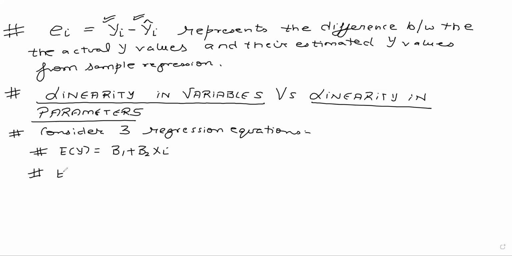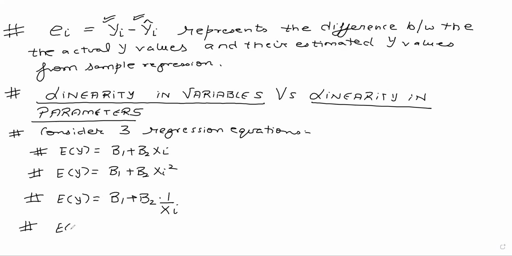Second equation, expected value of y is equal to b1 plus b2 times xi square. Third equation is expected value of y is equal to b1 plus b2 times 1 upon xi. Fourth equation is expected value of y is equal to b1 plus b2 square times xi.